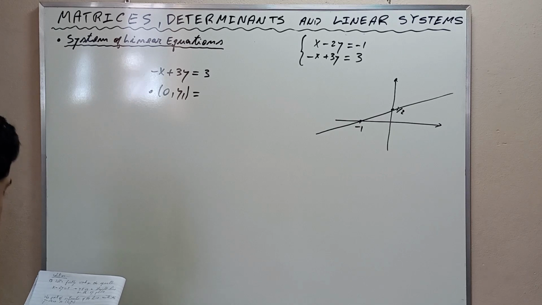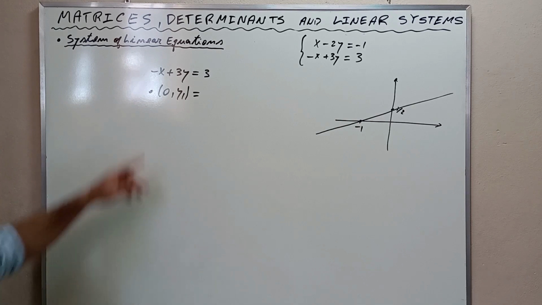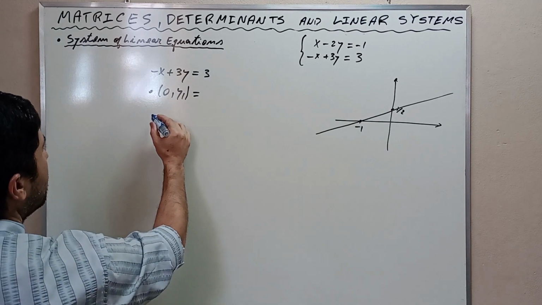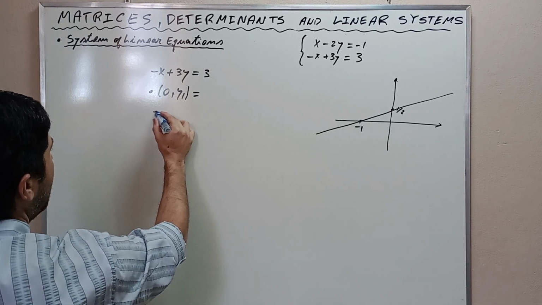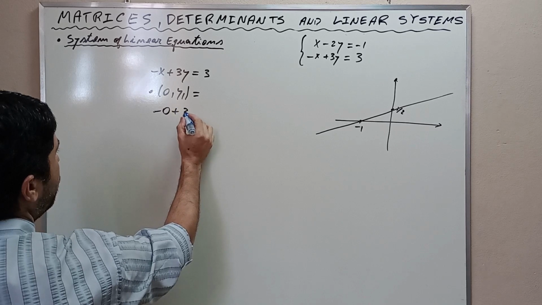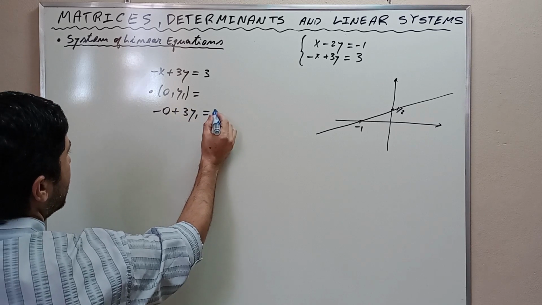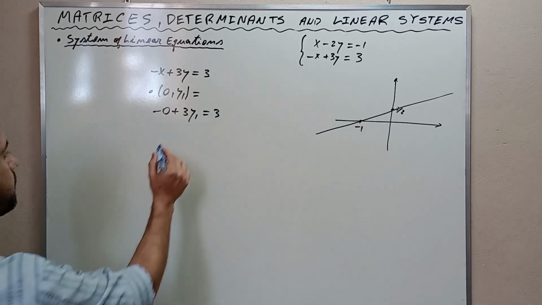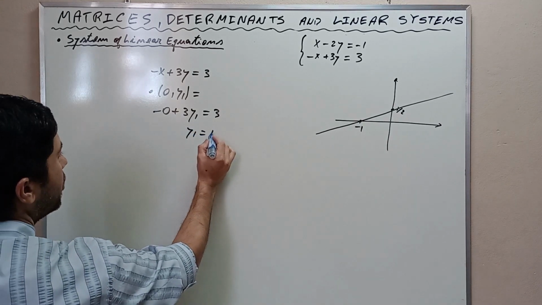We simply substitute this in the equation, and then negative 0 plus 3 times y1 is equal to 3. And in this case, y1 is equal to 1.